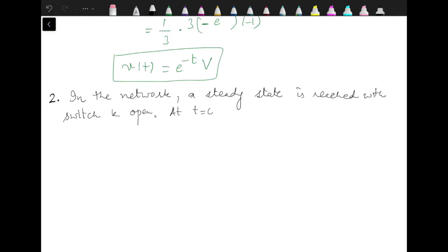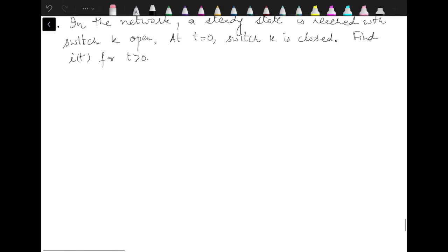At t equal to 0, switch K is closed. Find i of t for t greater than 0.